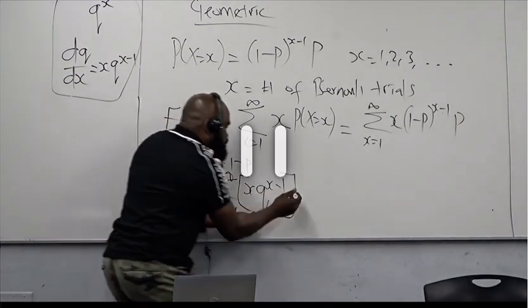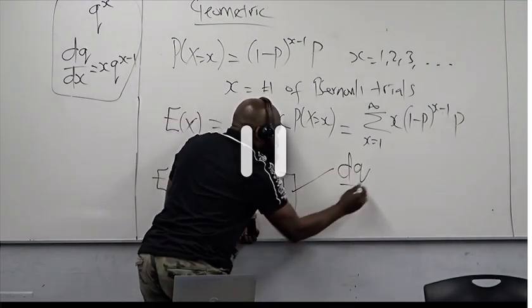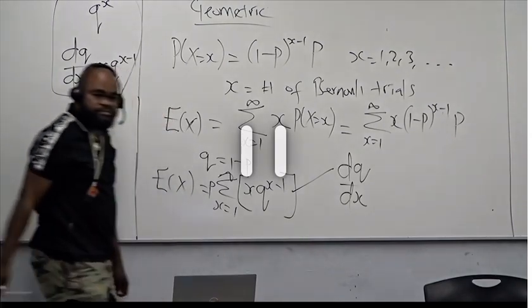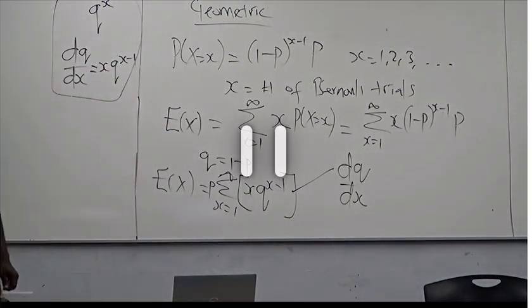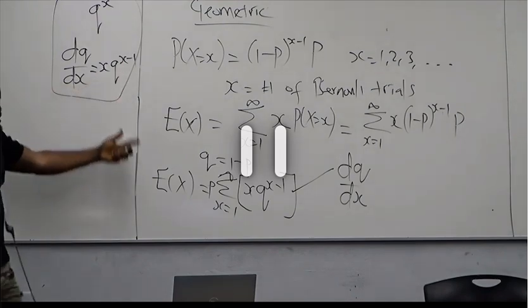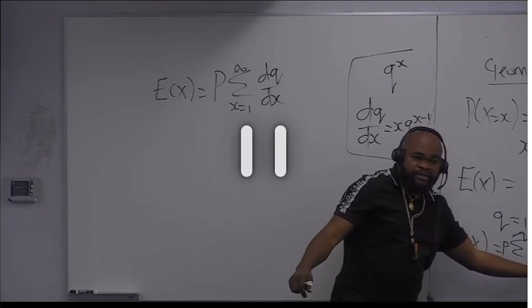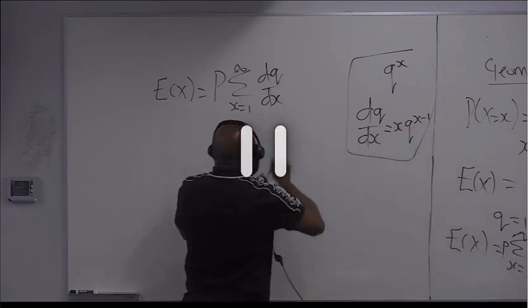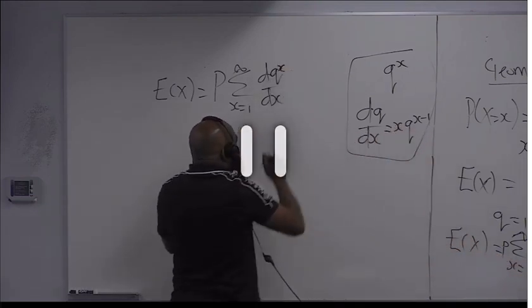Then I'm going to call this guy dq/dx. Now, if I'm calling that guy dq/dx, the dq/dx is replacing this guy here. Do you see that? Sorry, I mean this.